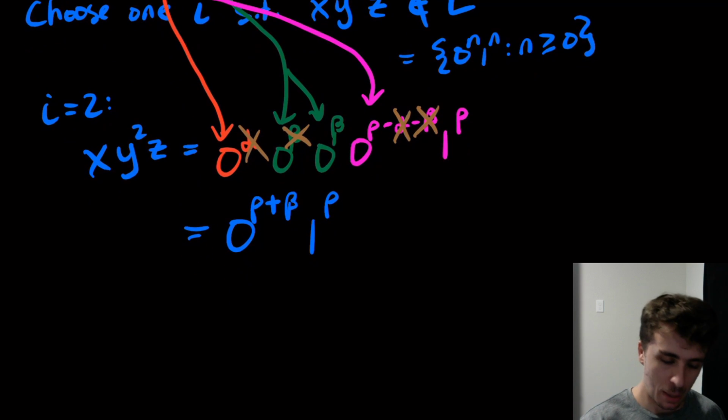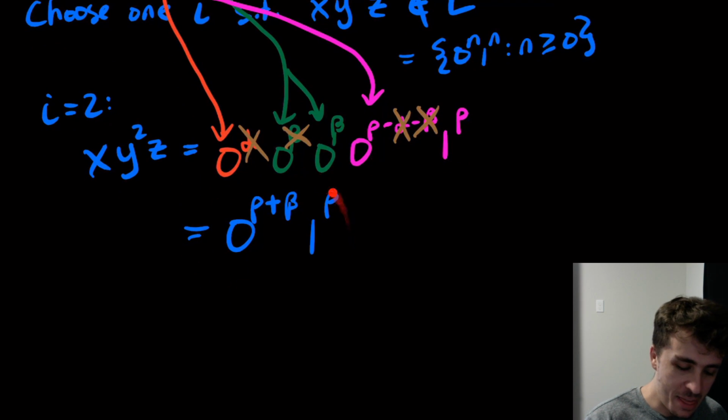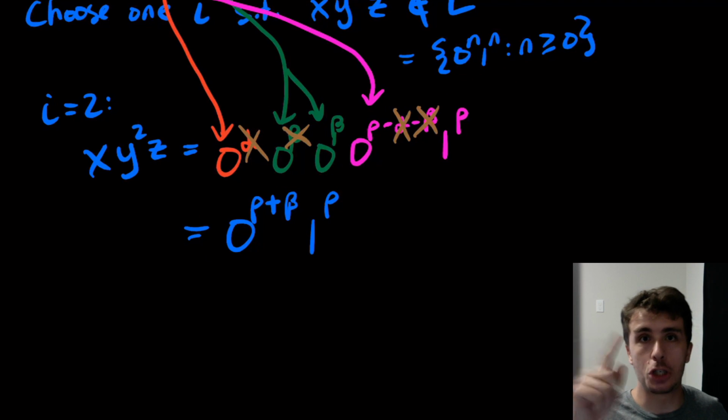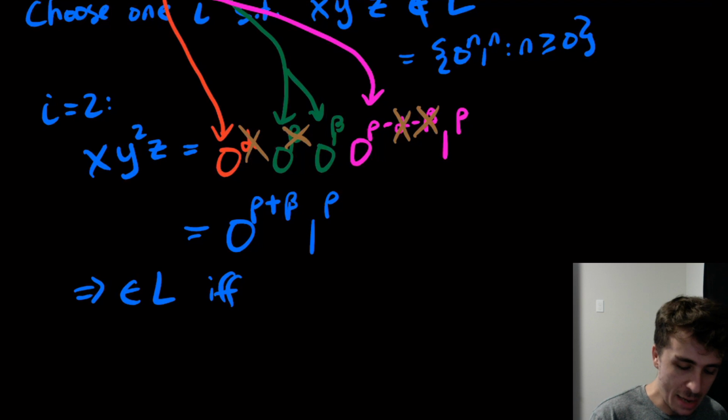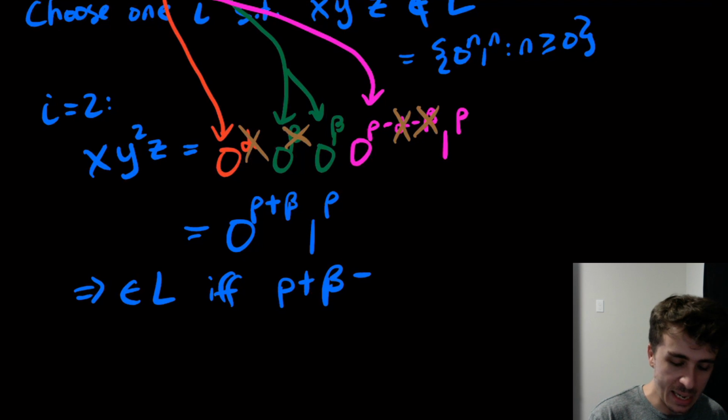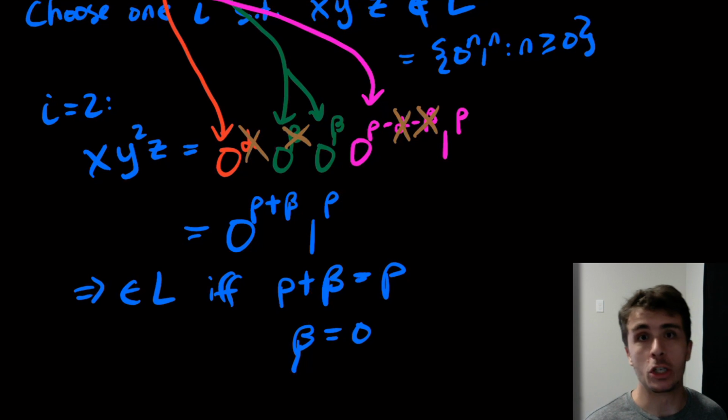So the only way that this string right here can be in L is if the two exponents are the same. So this is in L if and only if P plus beta is equal to P, which is the same thing as beta equaling 0, which is impossible.